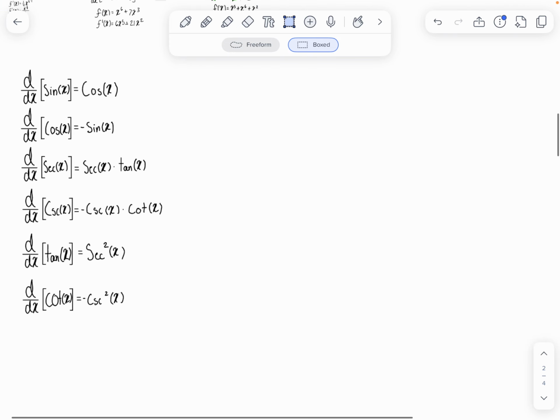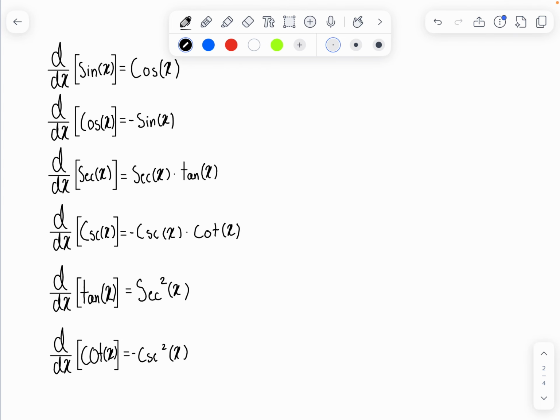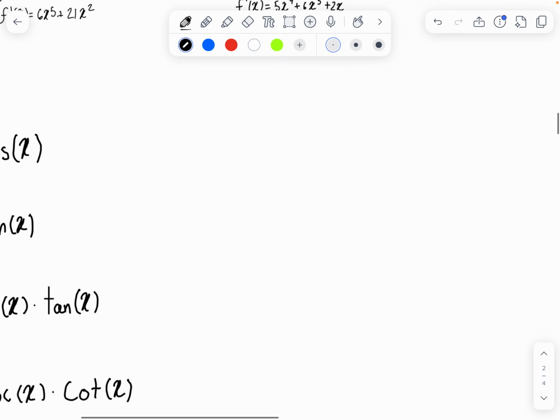Okay, so along with that, you also want to memorize the product rule.